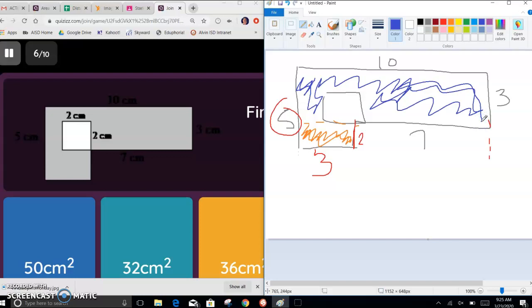But when I calculate the area of my blue rectangle, I am going to have to get rid of this shaded area here, which is 2 by 2, which is a square. So this 2 by 2 is going to have to be subtracted.